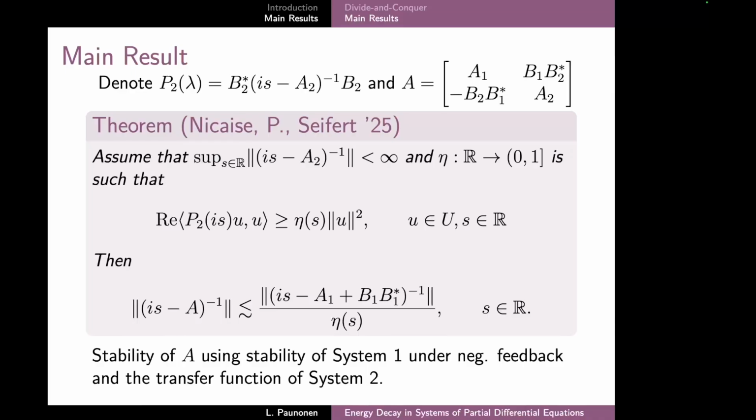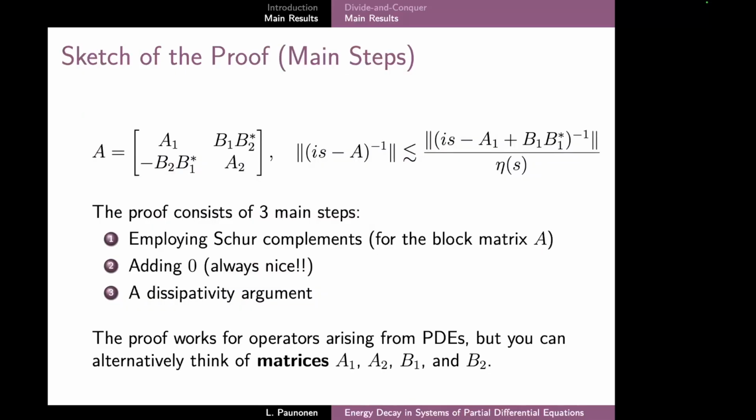And correspondingly, if the real parts of the transfer function of system 2 decay fast as s goes to infinity, this leads to weakening of the stability properties because of this bound becoming larger. Okay, and in the last part of the talk I want to sketch the main steps of the proof of this result as well.